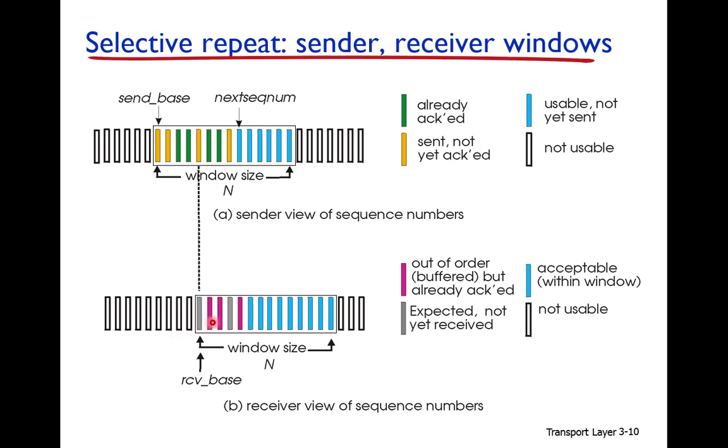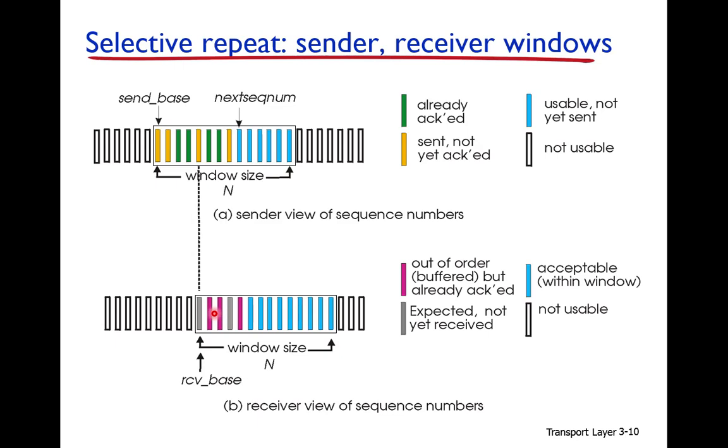These higher sequence number packets, in pink color, are received and stored out of order, but the receive base is here. These pink packets will not be delivered to the application.